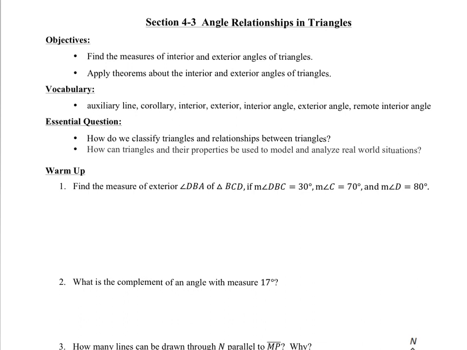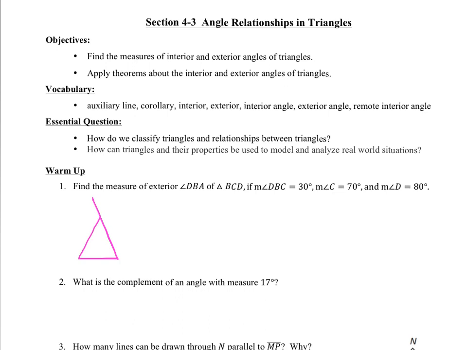Question number 1 says, find the measure of the exterior angle DBA of triangle BCD if the measure of angle DBC equals 30 degrees, the measure of angle C equals 70 degrees, and the measure of angle D equals 80 degrees. So first things first, we need a triangle.